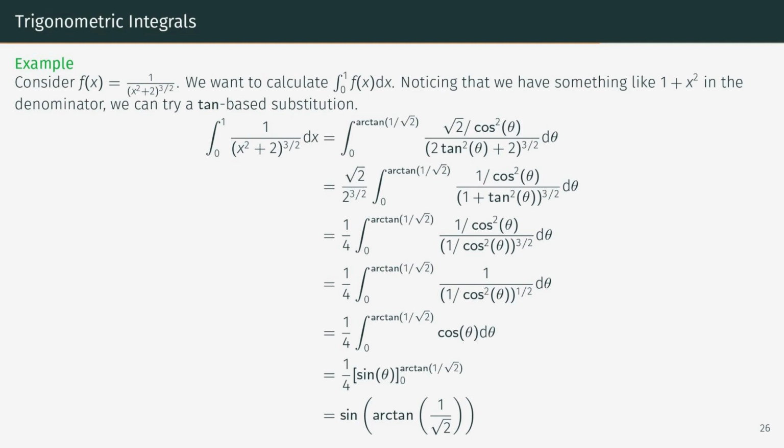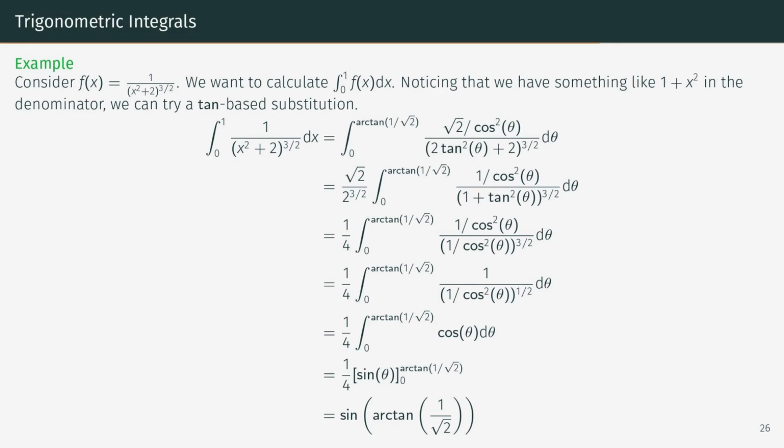We can then remove the constants from the inside of the integral to get the square root of 2 divided by 2 to the 3 over 2 power times the integral of 1 over cosine squared theta, all divided by 1 plus the tangent squared of theta, all to the 3 over 2 power, d theta.